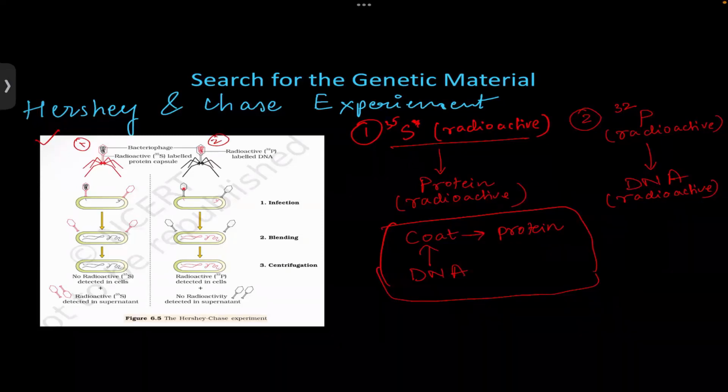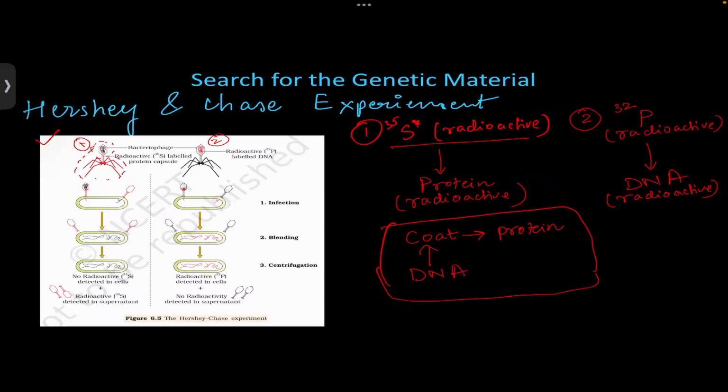Now group 1, in the group 1 bacteriophage, the protein is radioactive in nature, meaning the coating. The red color is the coating, meaning this diamond shape and then the legs, they're all made up of protein, and that is radioactive because of the integration of the radioactive sulfur.